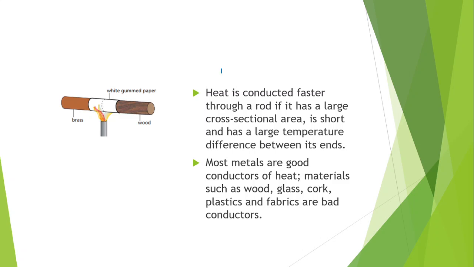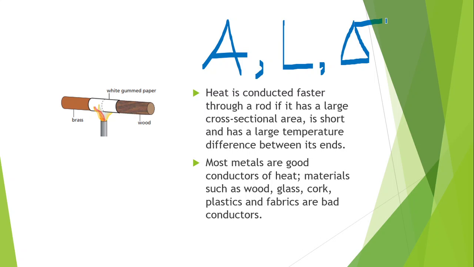So the conduction depends on the cross-section area, the length, and the temperature difference, which is delta T. It is directly proportional to the area, inversely proportional to the length, and directly proportional to the temperature difference, or the temperature gradient, we call it.